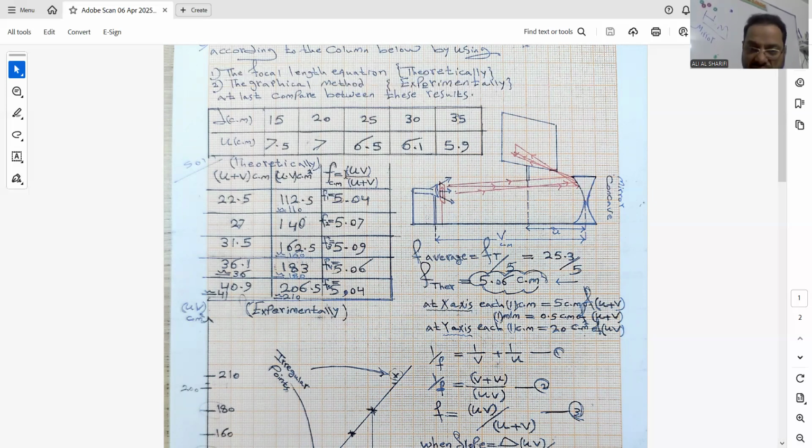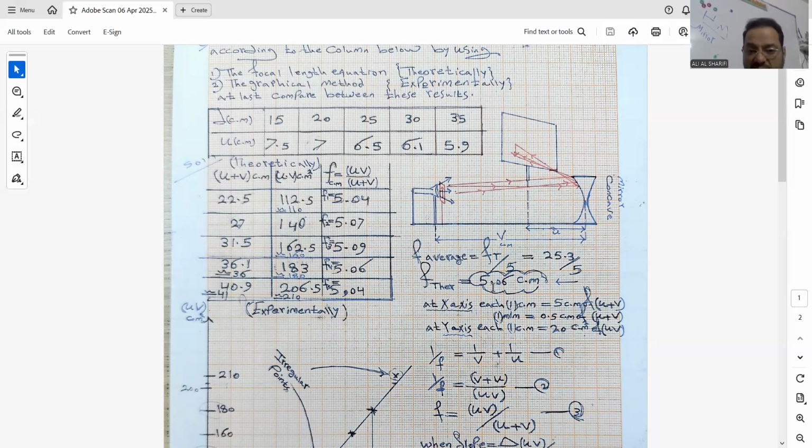At last, I can use this equation to calculate the focal length 5 times. Why? Because I have 5 records of U and V. By that, I have 5 results for the same focal length of the same mirror.